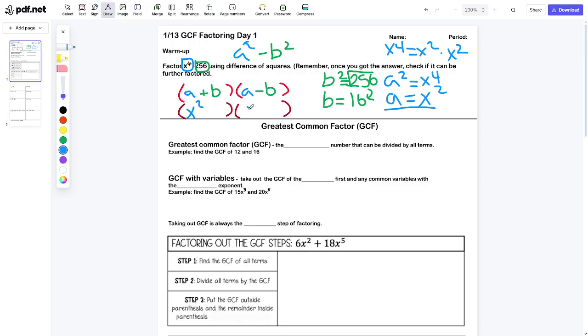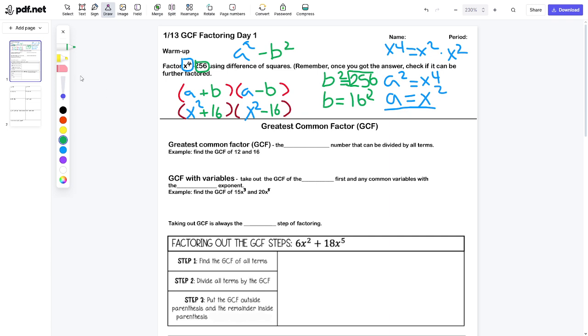Same with over here. Now, we remember from the other day, our b here is 16, so plus 16 and minus 16. Ta-da!